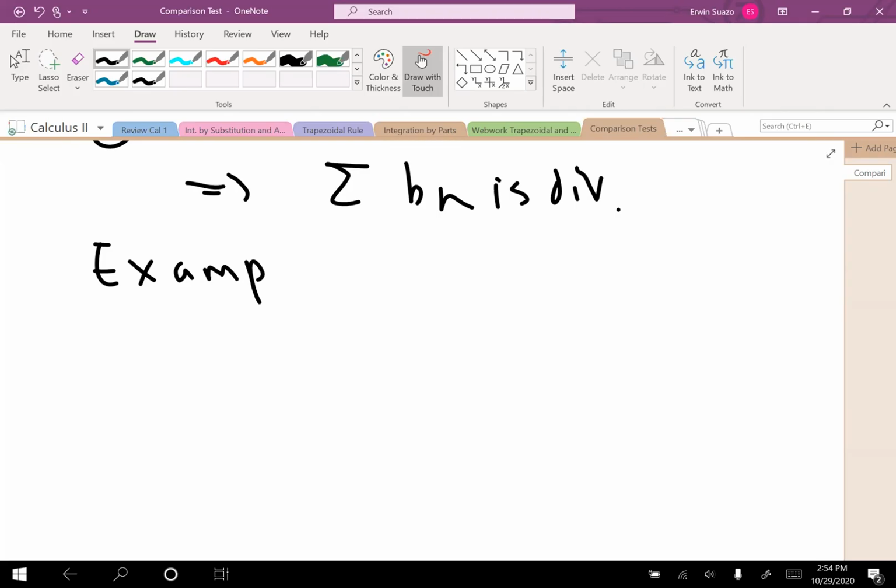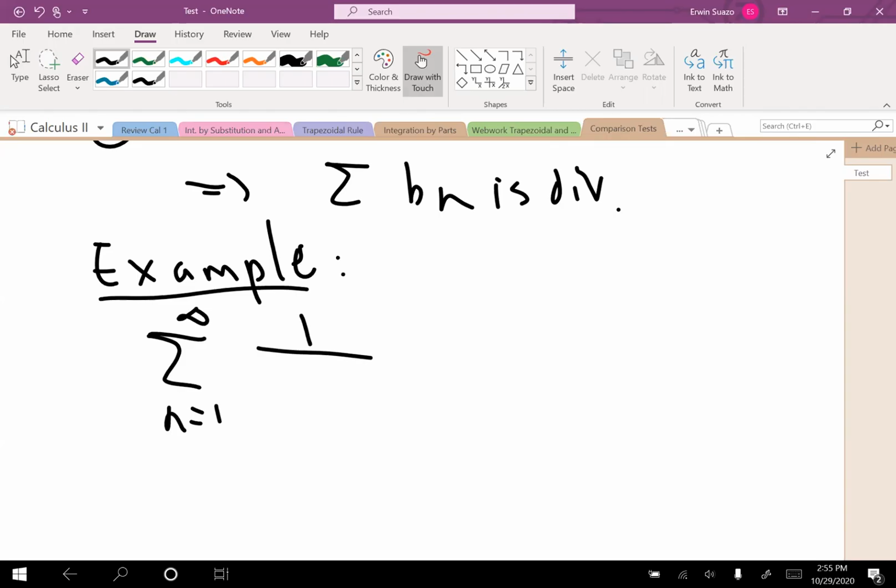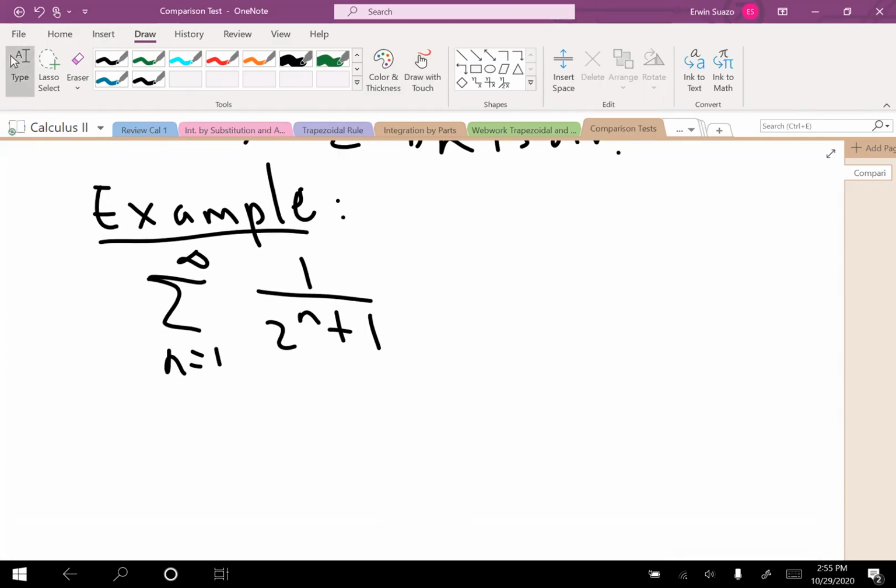Example. Let me give you 2-3 minutes to find this one. The sum of n equals 1 to infinity of 1 over 2n plus 1. Is that convergent or divergent? And let me give you another one.